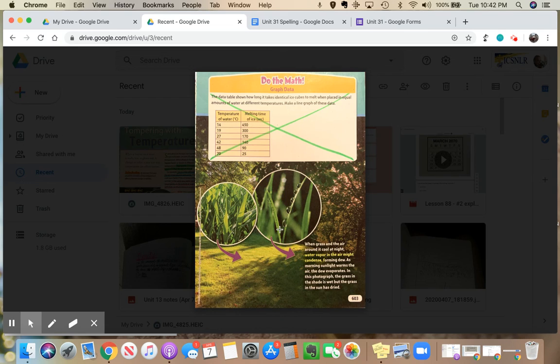So it still has that dew on it. Since that sunlight has not reached that grass yet, what do you think that would be? Yeah, the warm temperature hasn't reached it yet, so it has not what? I'm so sorry, let me backtrack there. It has not evaporated yet.